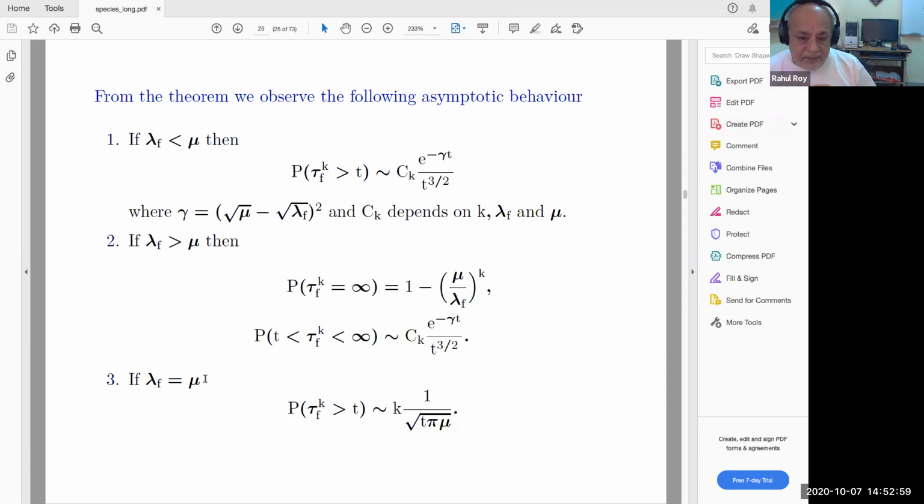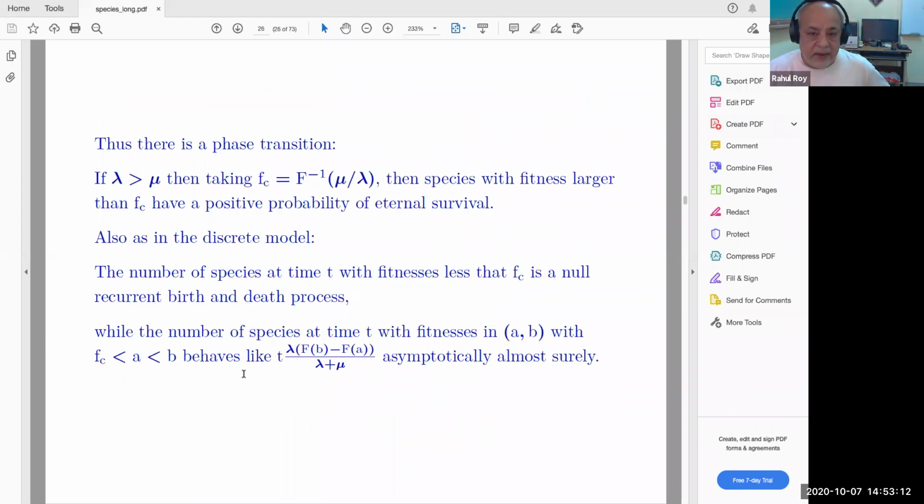And if lambda_f equals mu, then we have this kind of behavior. So you get a phase transition at lambda_f. And then if lambda is bigger than mu, taking fc to be F inverse of mu by lambda, the species with fitness larger than fc has a positive probability of eternal survival.